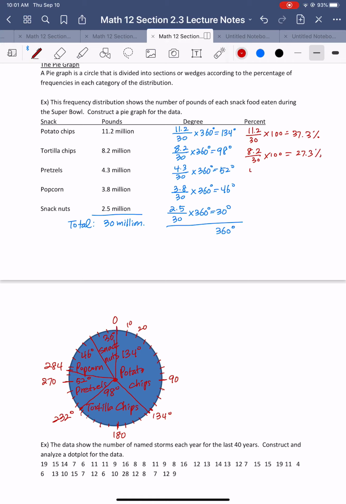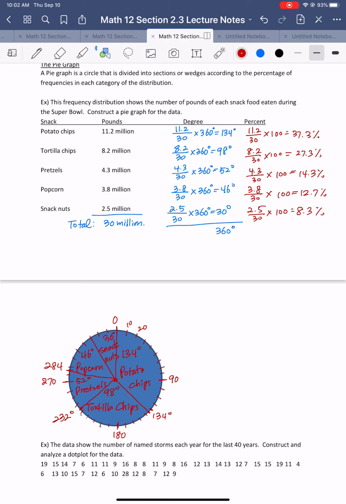And then 4.3 divided by 30 multiplied by 100 gives us 14.3. And then 3.8 over 30 multiplied by 100 gives us 12.7. And then 2.5 over 30 times 100 gives us 8.3%.